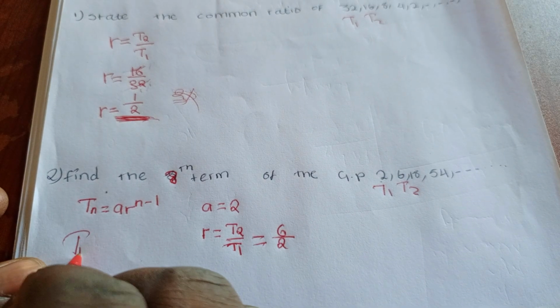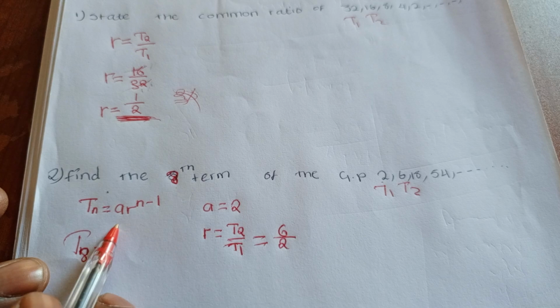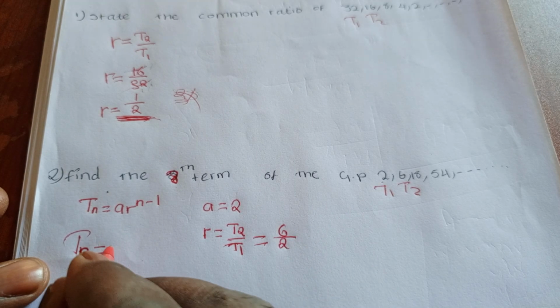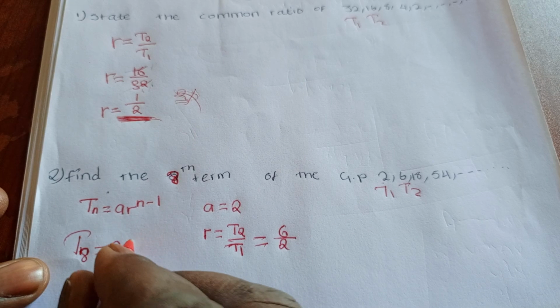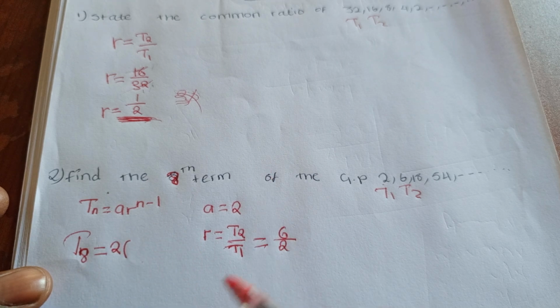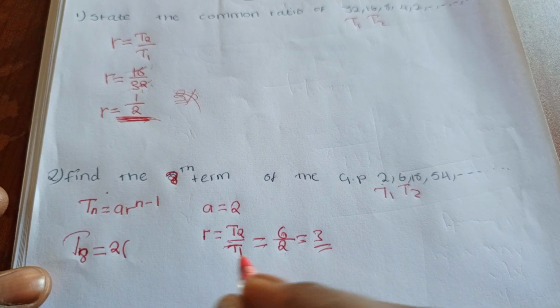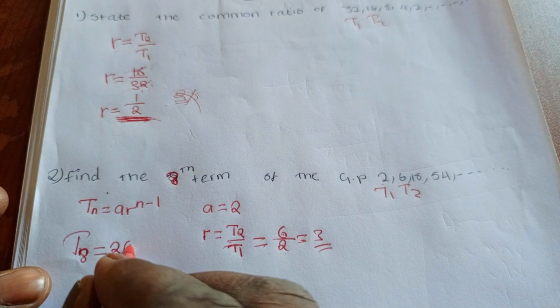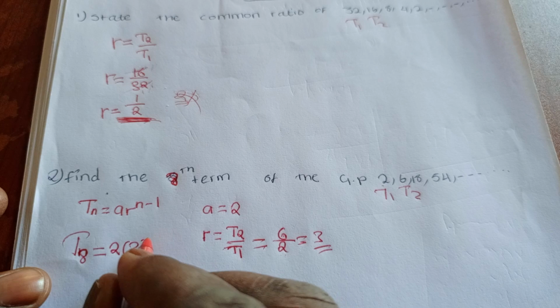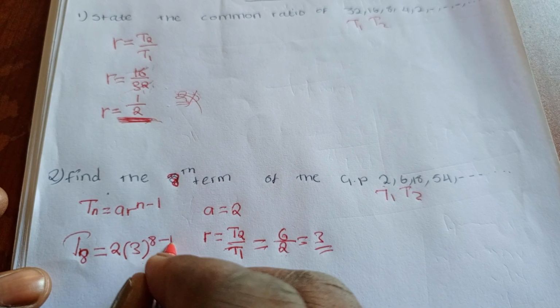So what is term 8? Term 8 is equal to A, in this case 2, so I'll put 2 here. My R is 6 over 2, which gives 3. So it is 3 to the power of the number of the term, which is 8, minus 1.